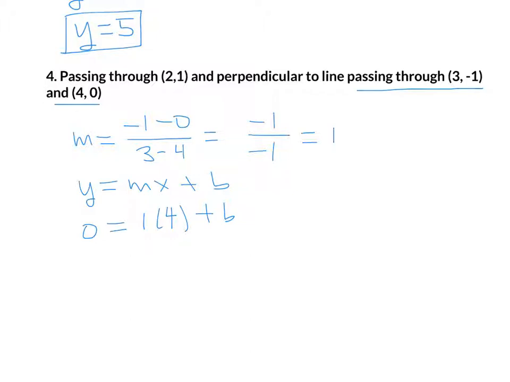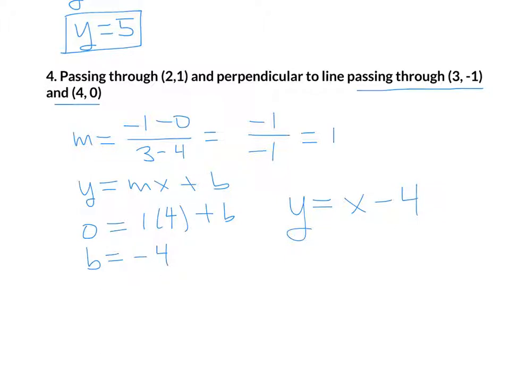All right, so 1 times 4 is 4, so subtract 4 from both sides, so we get b is equal to -4. So the equation is y equals x minus 4.